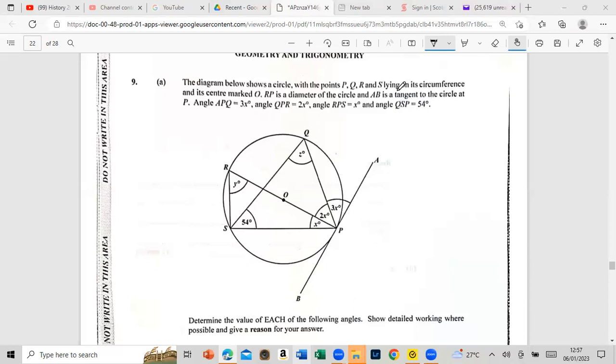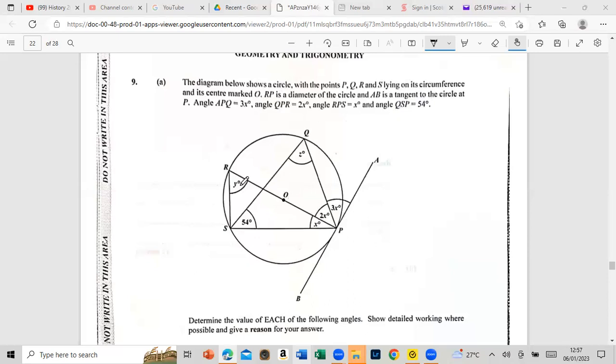It says now, with the center marked O. RP is a diameter. So where's RP? Yeah, that's the diameter. And AB is a tangent. So this is a tangent. And the angle QSP is equal to 54, which is this. Right away, guys, there are so many things going on.